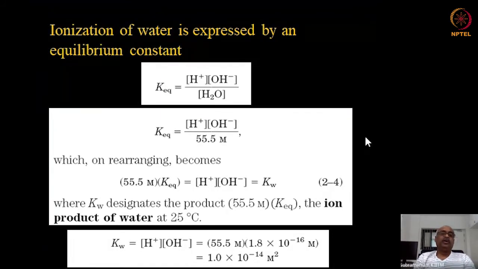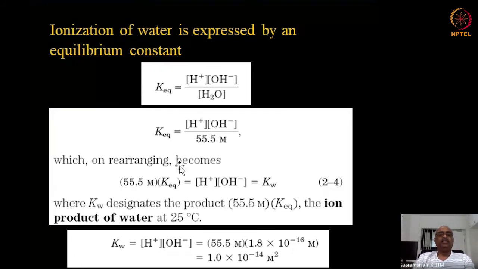So now in pure water, the water concentration is 55.5 molar. If you take 1 mole and apply water's molecular weight of 18, then you will find out that 55.5 molar is the concentration of water.